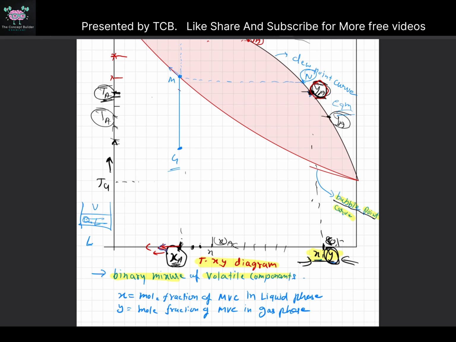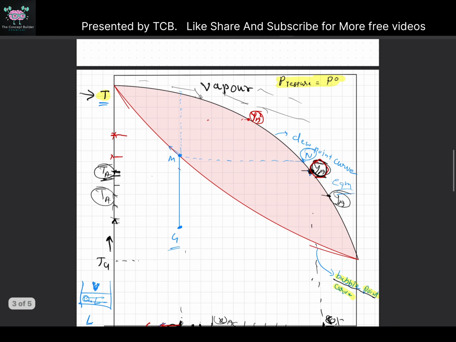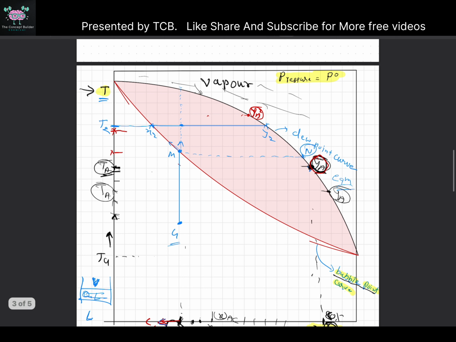Suppose the liquid amount is L, and the vapor produced, let's say in kg or moles, is V. Now let's say we give more heat, and we have reached this point where the temperature of the system is T2, and the X composition here will be X2, and here Y will be Y2.